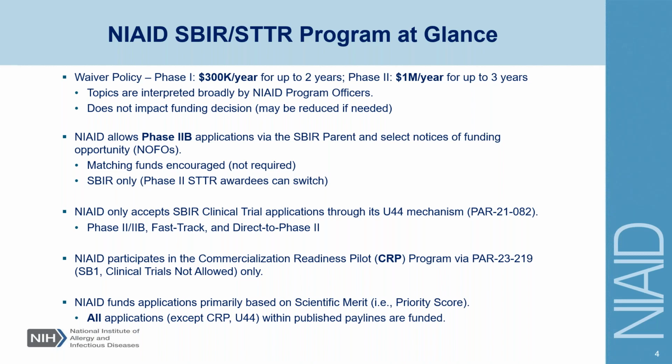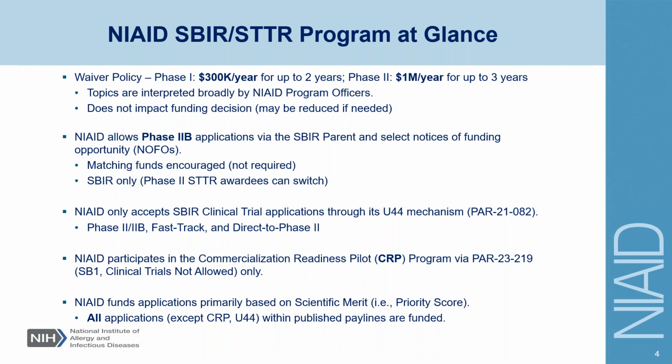Additionally, NIAID does also participate in the Commercialization Readiness Pilot Program via the newly reissued PAR 23219, and NIAID only participates in the SBIR clinical trial not allowed funding opportunity. And the CRP opportunity does support some of the activities that traditional Phase 2, Phase 2B awards are not intended for, which includes FDA documents preparation, IND enabling studies, manufacturing costs, and other late-stage R&D efforts.